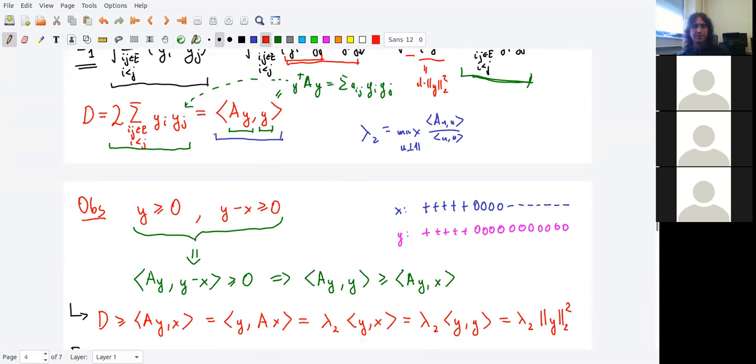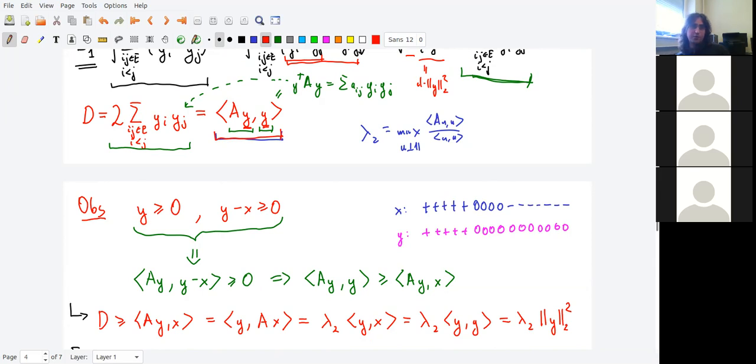Now comes another trick regarding the analysis of the scalar product. So far, recall that y was not really perpendicular to all ones, right? Because x, the eigenvector corresponding to eigenvalue lambda 2, was the vector that was perpendicular to all ones. However, y was the positive part of x.